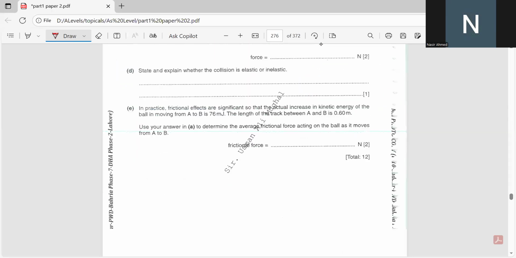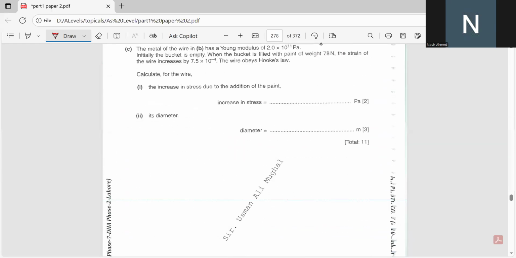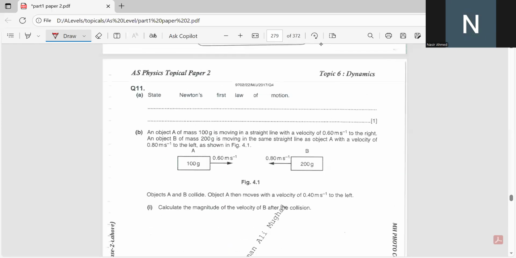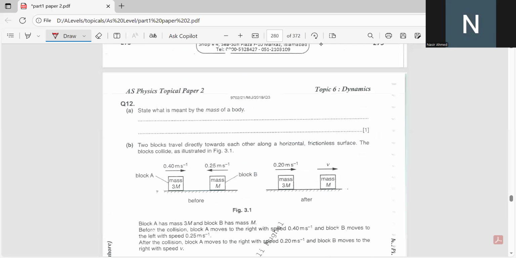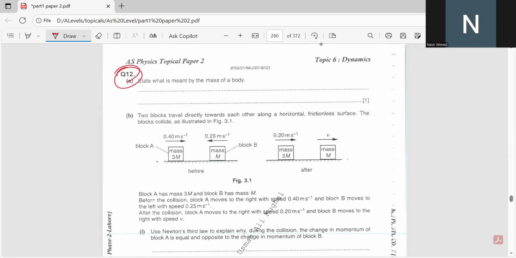Okay, move to the most important question. This is going to be question number 12, so come to it please. Question 11 was a basic one-dimensional question, so there will not be much problem in it. Come to question number 12, everyone please. It is going to be at page 274.